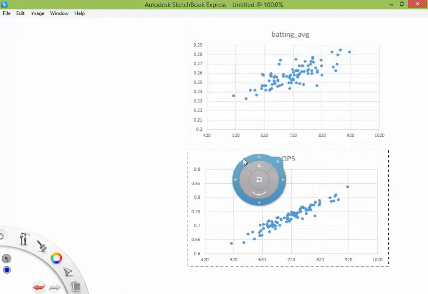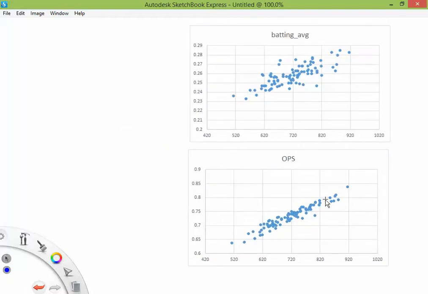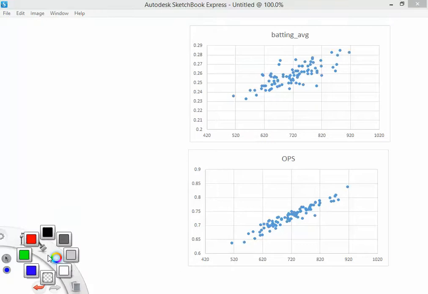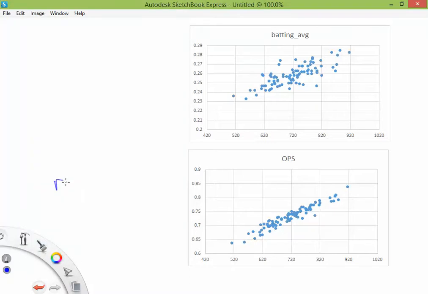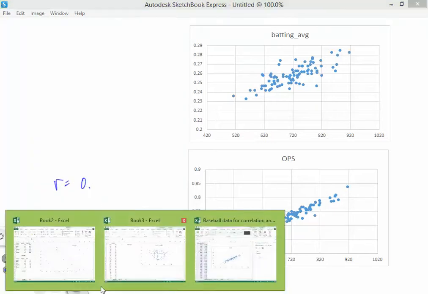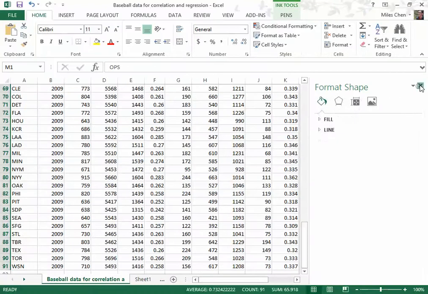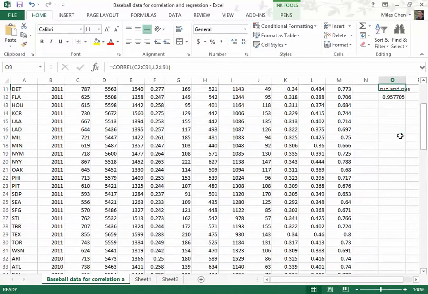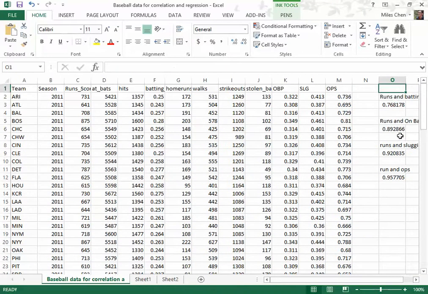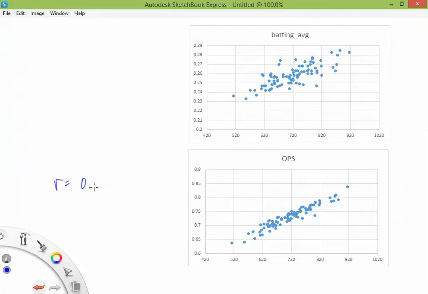Okay, so you can see over here there's a very strong, almost perfectly straight line. R is equal to 0.958 versus 0.768.